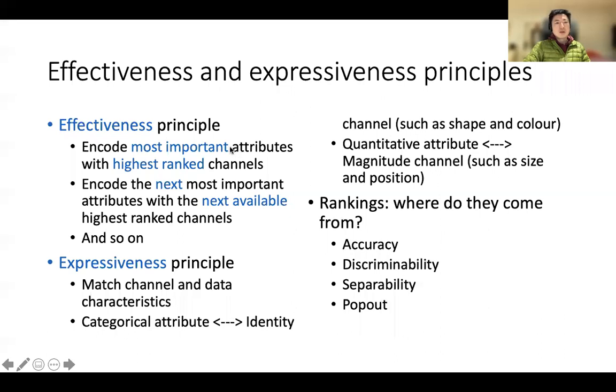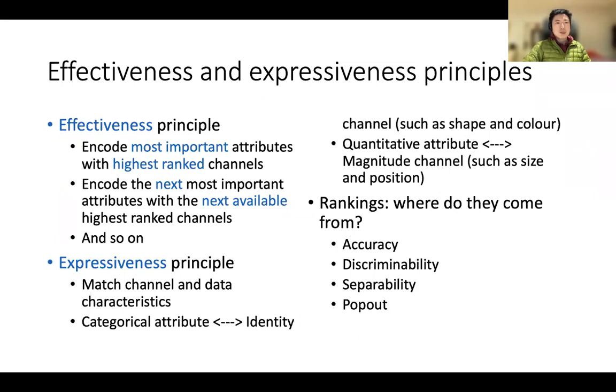So first, you need to decide which attribute is most important. For example, if you want to understand the profit of the product, there may be many other attributes involved as well, such as the name of the product and the category of the product. But if you're interested in the profitability, the most important attribute might be the profit.